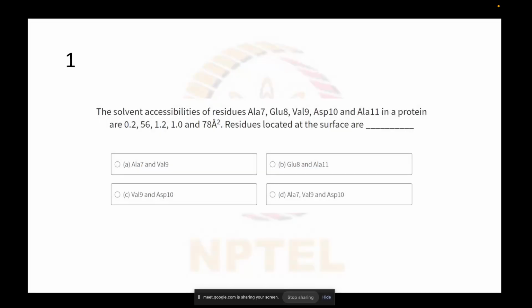That works. So given the solvent accessibility of residues, based on the solvent accessibilities, which are the residues that are located at the surface?